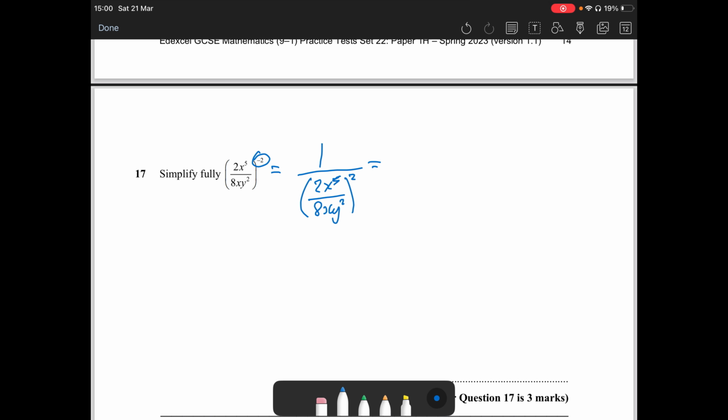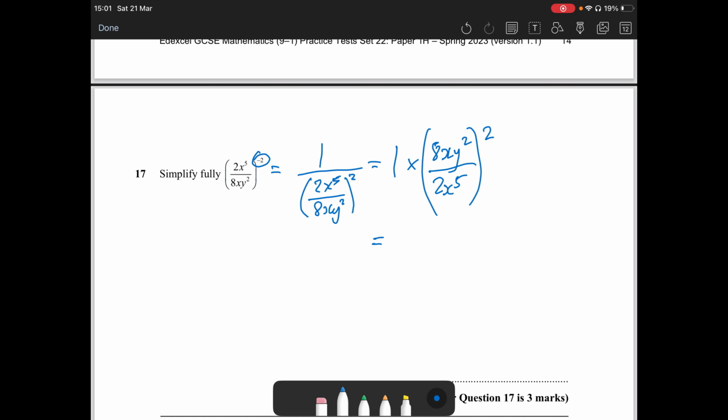Okay, and this means keep, flip, change. So when you're dividing by this, you keep flipping the fraction, 8xy squared over 2x^5. But remember, we are raising it squared still.